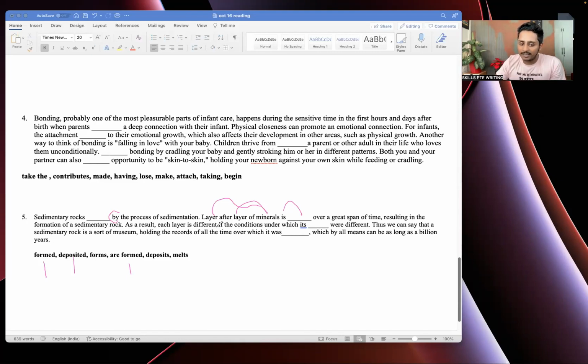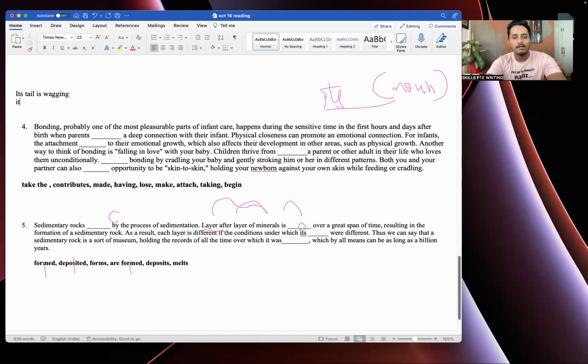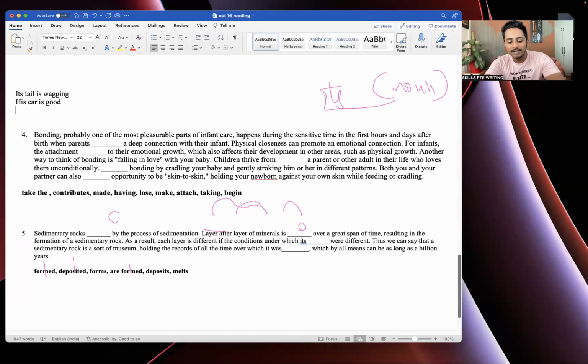As a result, each layer is different if the conditions under which it's, see, whenever you have "its", the next word will be a noun. Its tail is wagging. His car is good. His and its both are the same.